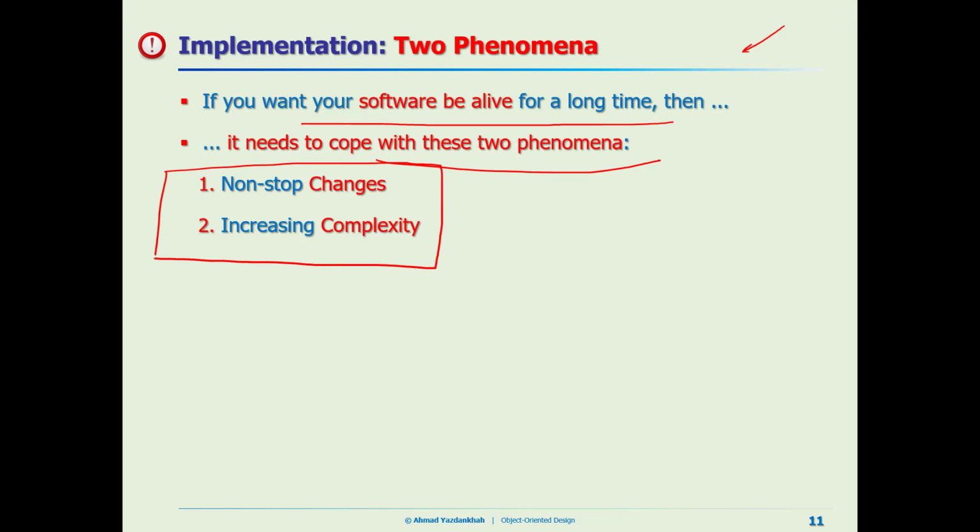This is the reason some software dies, and there are a lot in the history of software development. Many companies went down because their code could not tolerate change and becoming more complex.